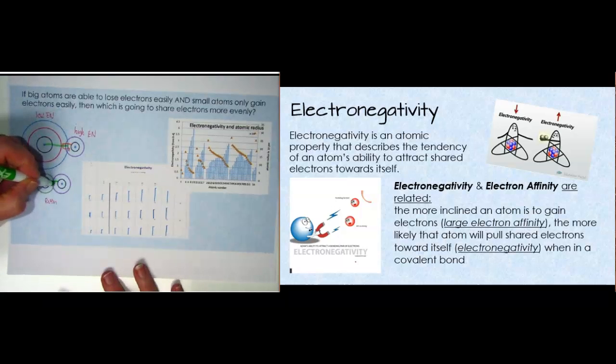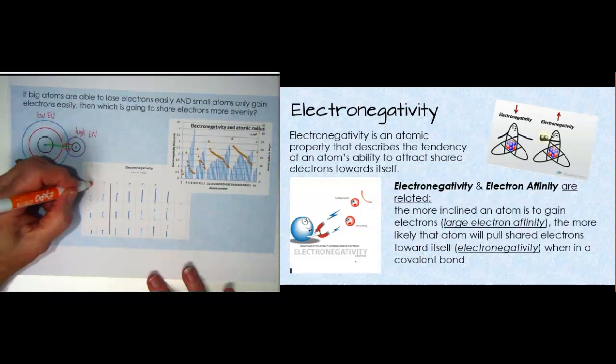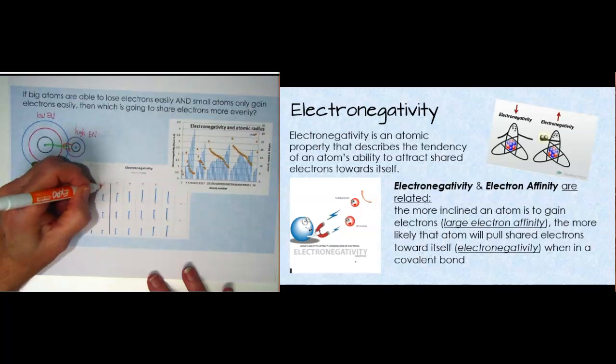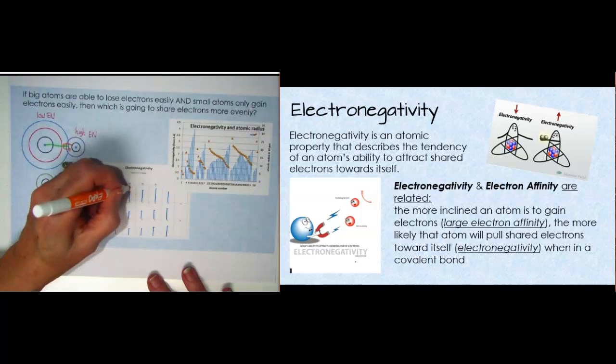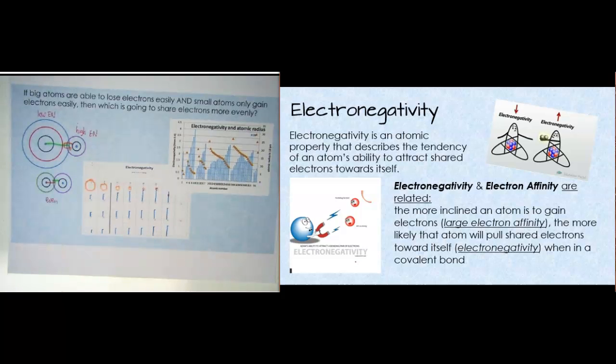One's not pulling harder than the other. So small elements, again, look at the size here. We're getting smaller. The smaller you get, the more you're going to pull on electrons on somebody else.